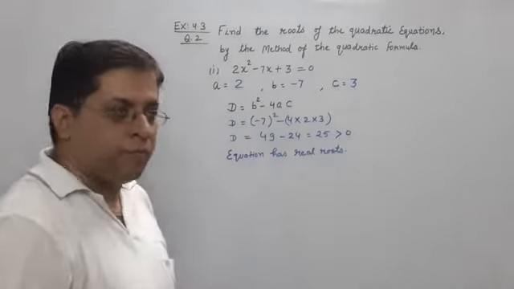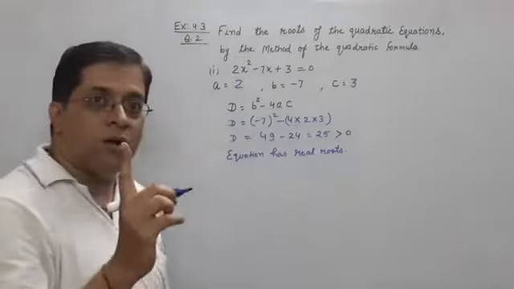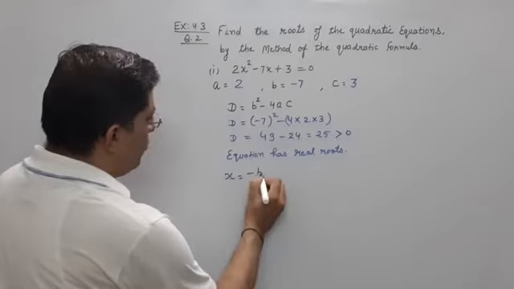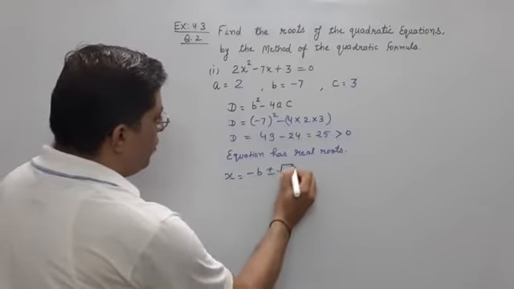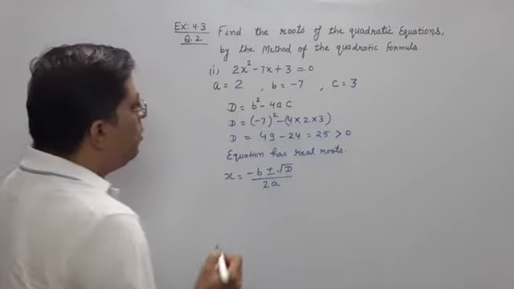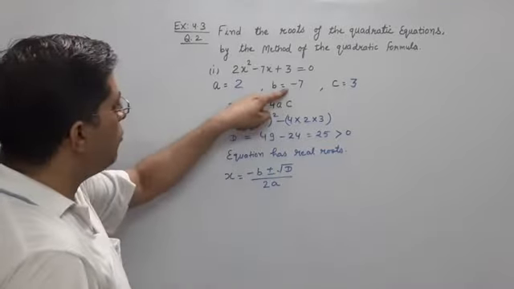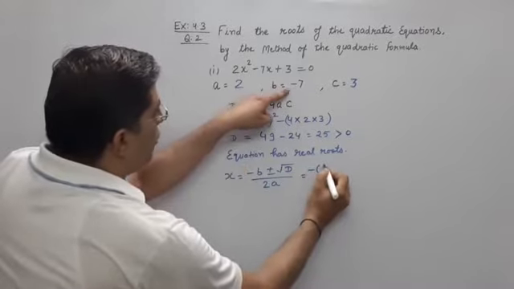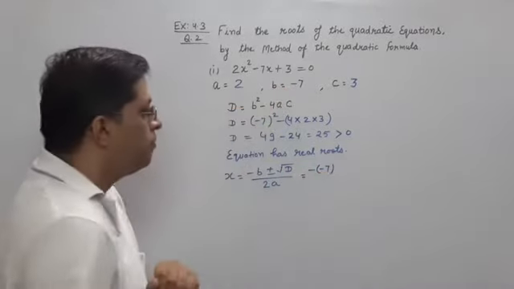Clear? Now come on. What is the quadratic formula? Quadratic formula is minus b plus minus under root D upon 2a. All values we have. See, b is your minus 7. Minus sign is already there, and putting the value of b as minus 7. Clear?